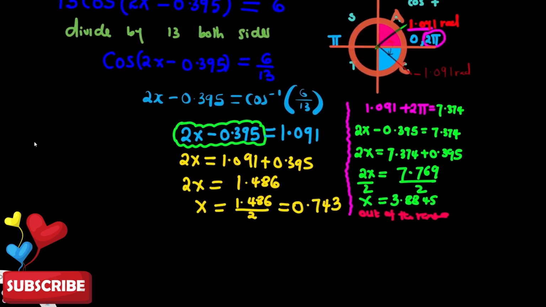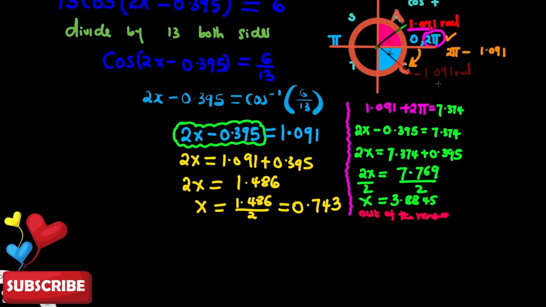I'm going to show you how to get the other one. So remember, we had gotten negative 1.091 radians. So below that, we are going to say 2 pi minus that. 2 pi minus the angle below here, which is 1.091 radians, which is going to give us another solution.